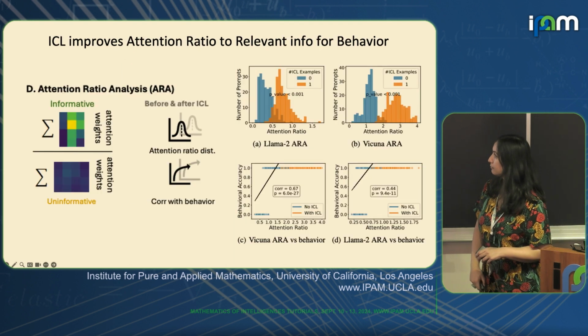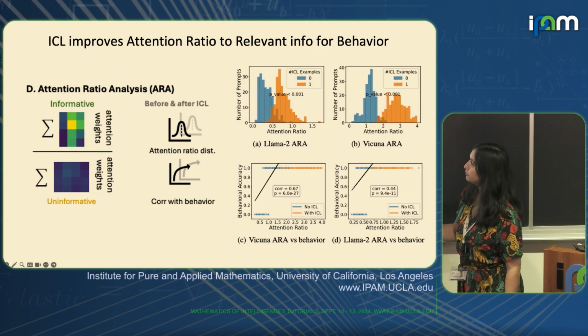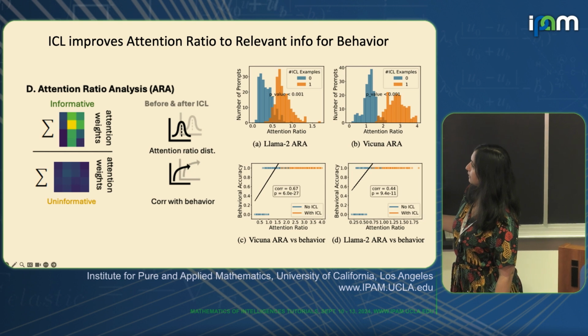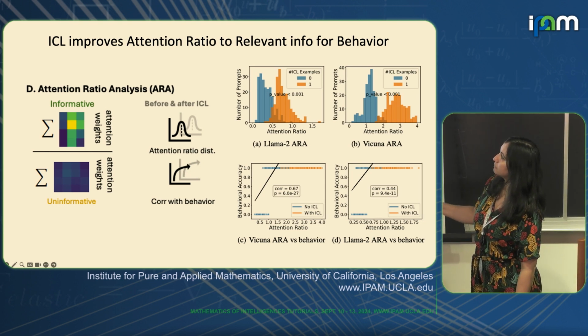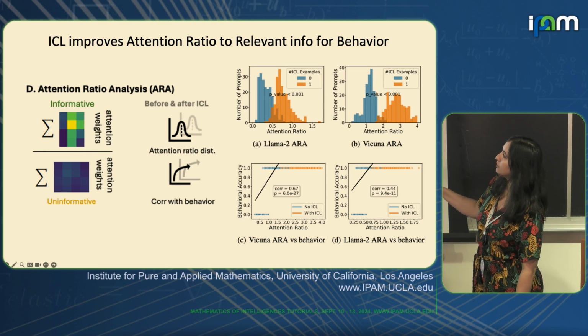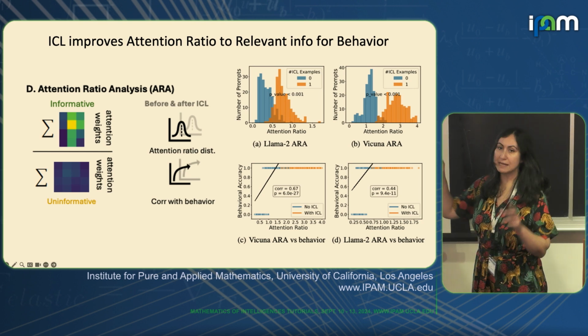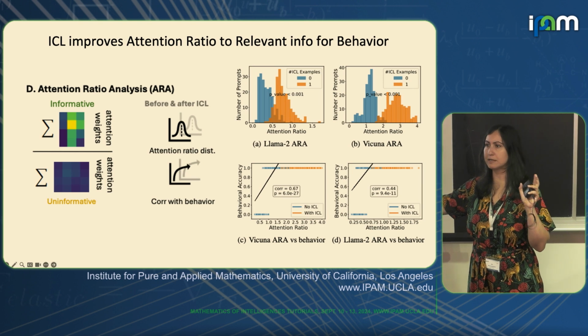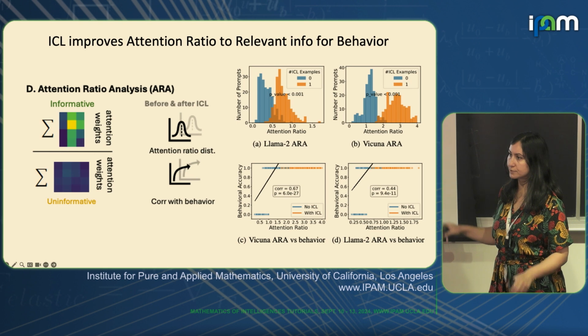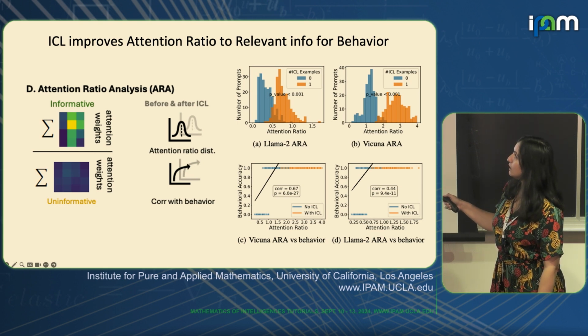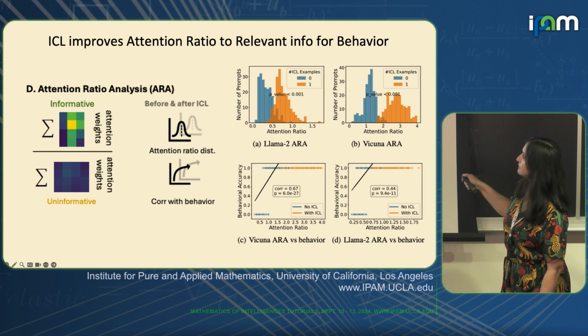OK, cool. And then what happens? If you look at the attention ratio on the x-axis and the number of prompts on the y-axis, you see that after one example, for the activity names and activity tasks that I mentioned, like Pam and Joe and all of those, the distribution of the attention is shifting.